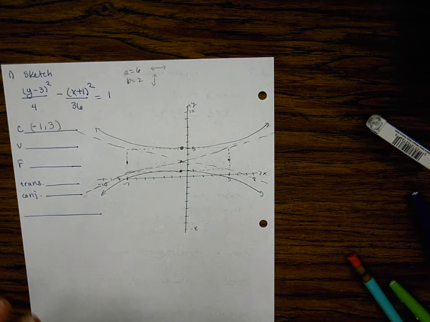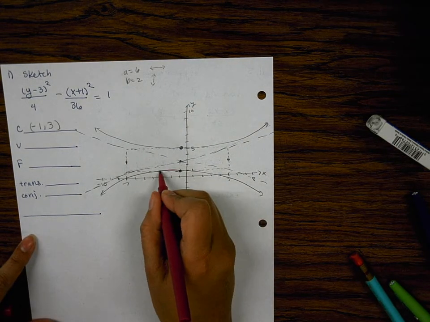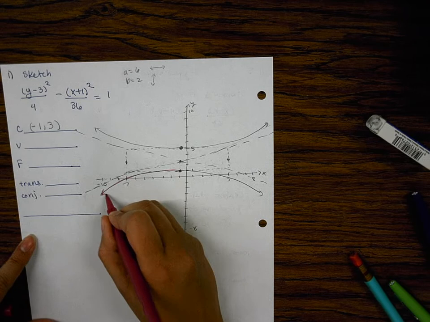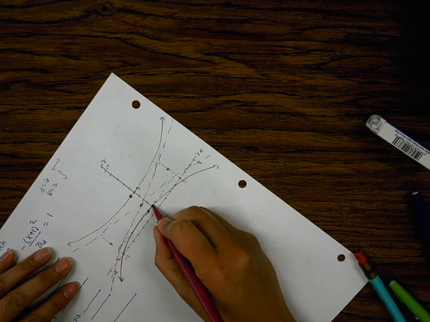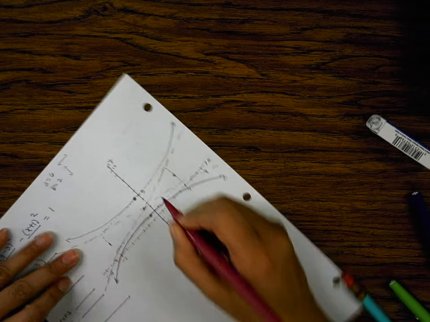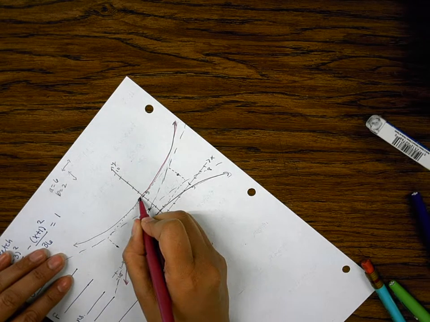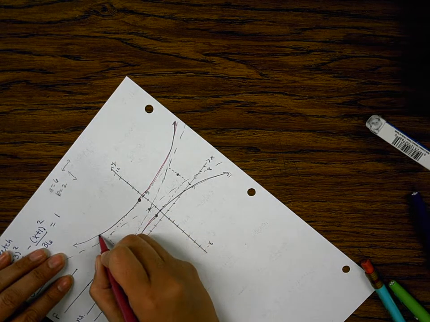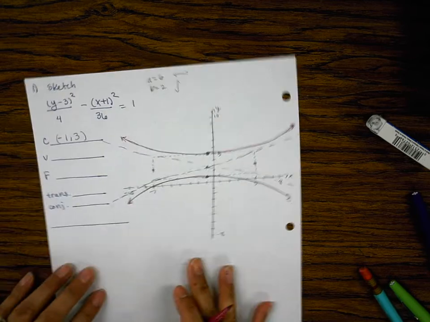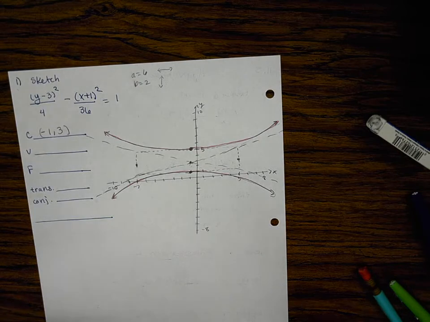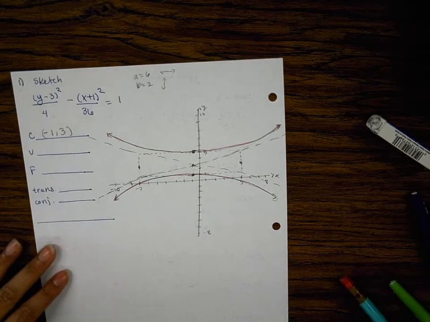Okay, so remember what I said. The vertices and the foci are not always on the major axis. They can be, but it all depends on what letter comes first. Since the y came first, everything is up and down: the graph, the vertices, the foci. So these are the vertices.